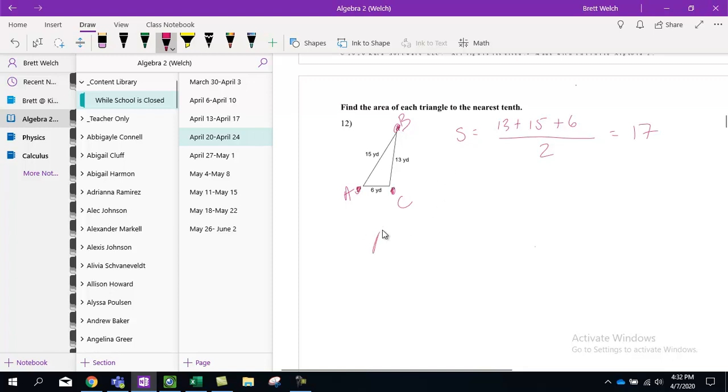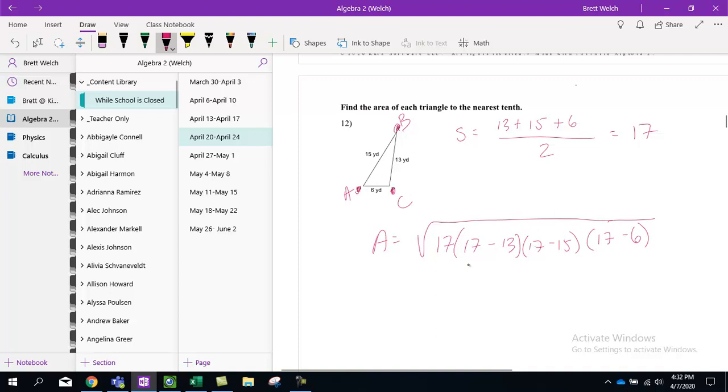All right, then there's Heron's formula, which says the area is the square root of the semi-perimeter times the semi-perimeter minus each side, minus 13 times 17 minus 15 times 17 minus 6.